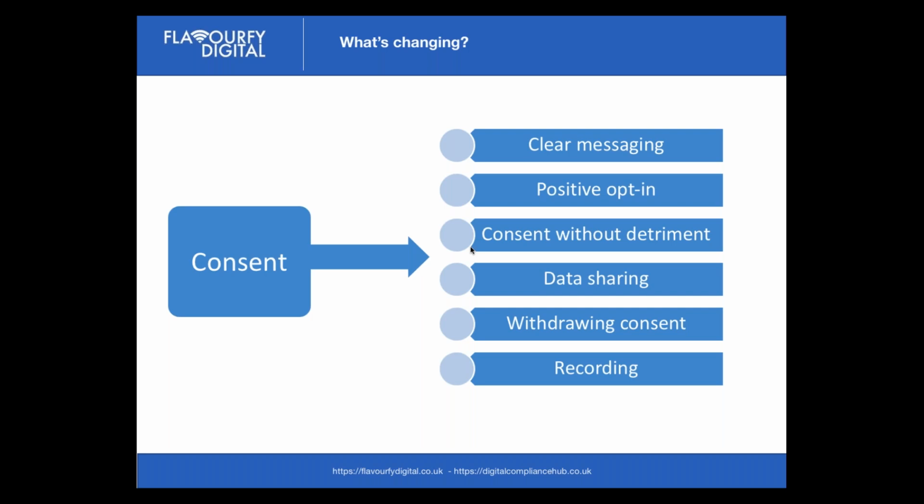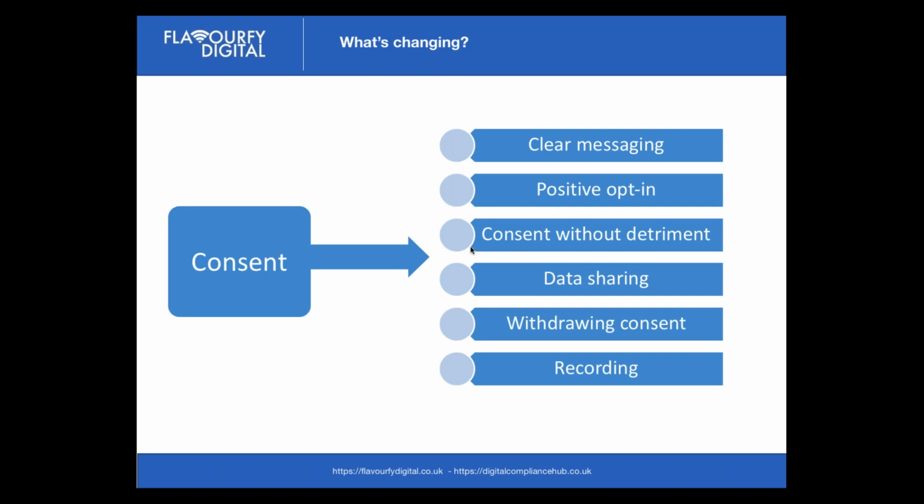Now, on the subject of consent, this is the key area that marketing people are getting a bit worried about. There are new consent rules. If you are processing data where consent is the lawful basis for processing, so in a marketing sense, you're collecting data to add people to your mailing list, or you're asking people to sign up to things in a cold prospecting marketing kind of way, then consent is applicable.